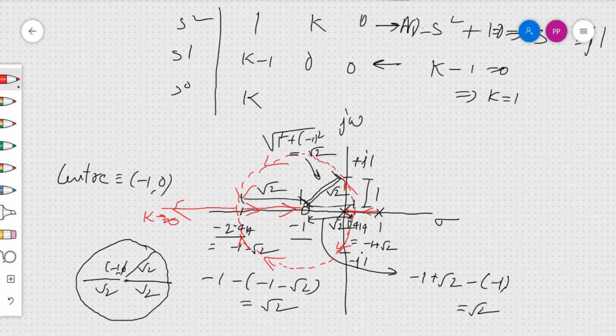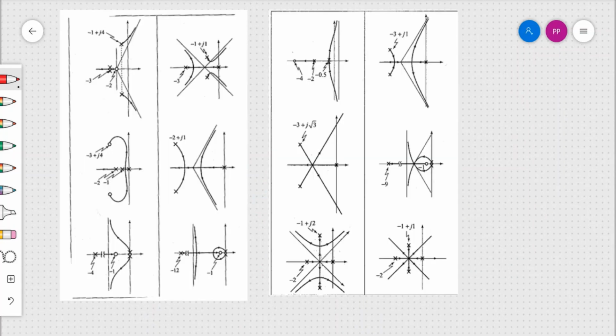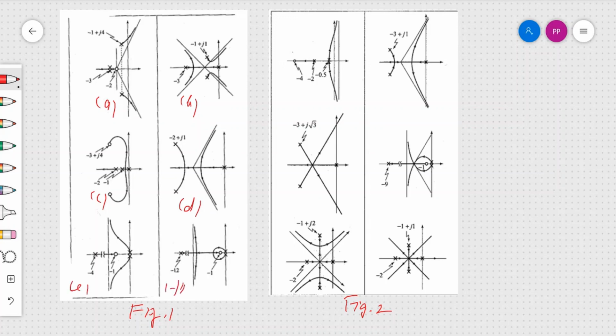Few more examples of root locus I want to share with you, where we have figure 1 and figure 2, each with A, B, C, D, E and F. These are all frequently asked questions in the exam.